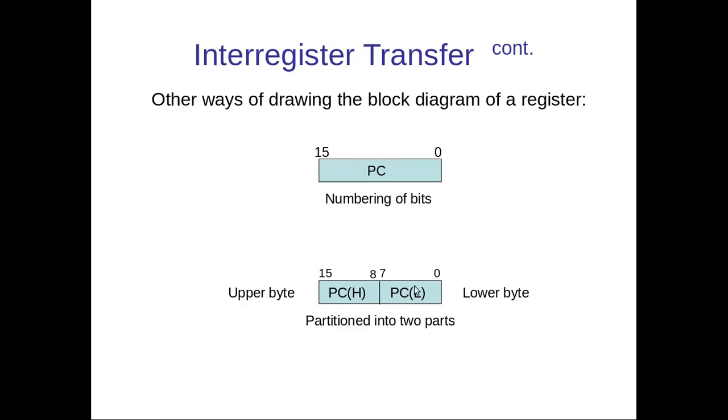For example, we have a 16-bit register and we divide that register into two halves, lower half and upper half. Assume the name of the register is PC, so we can divide this register into PC low and PC high. So we can represent our registers in different ways in register transfer logic.